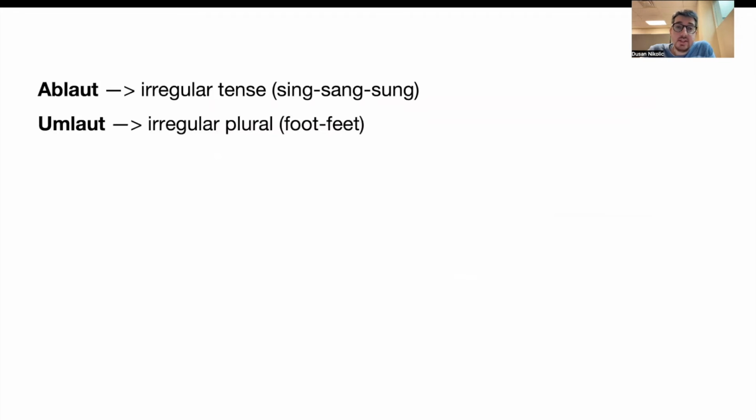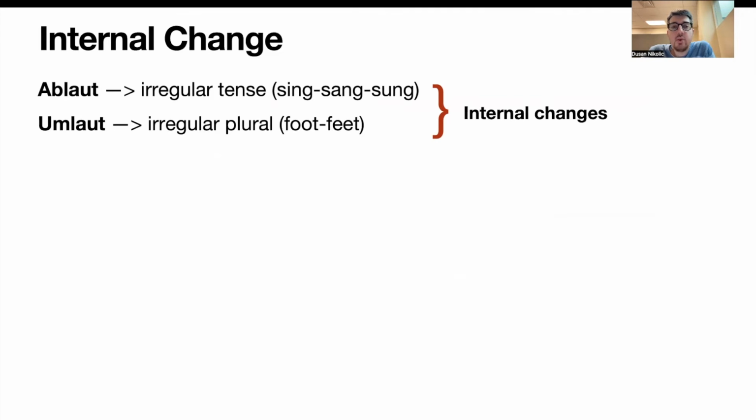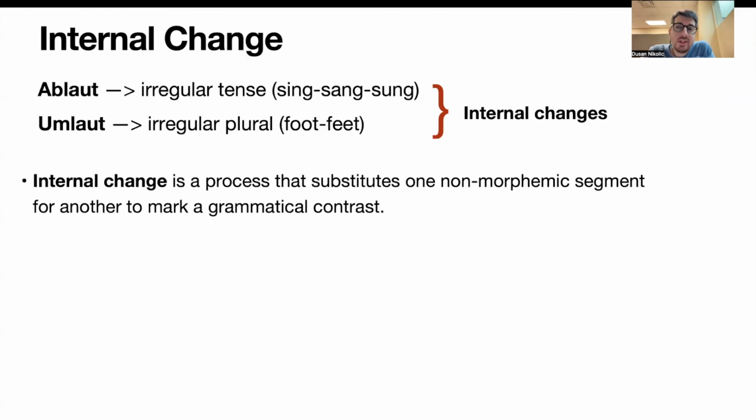So ablaut is an irregular tense. Umlaut is irregular plural. And all of these are known as internal changes. So there are two types of internal changes, ablaut and umlaut. Please be aware of both of these and when they occur. Internal change, as the name suggests, is a process that changes something internally to mark a grammatical contrast.